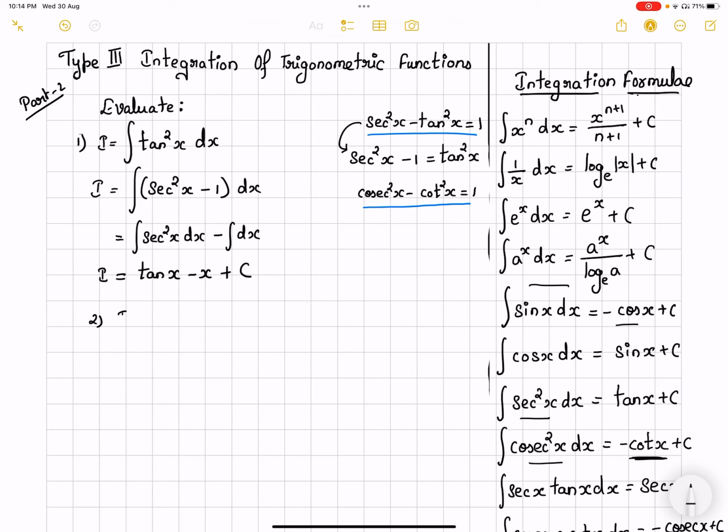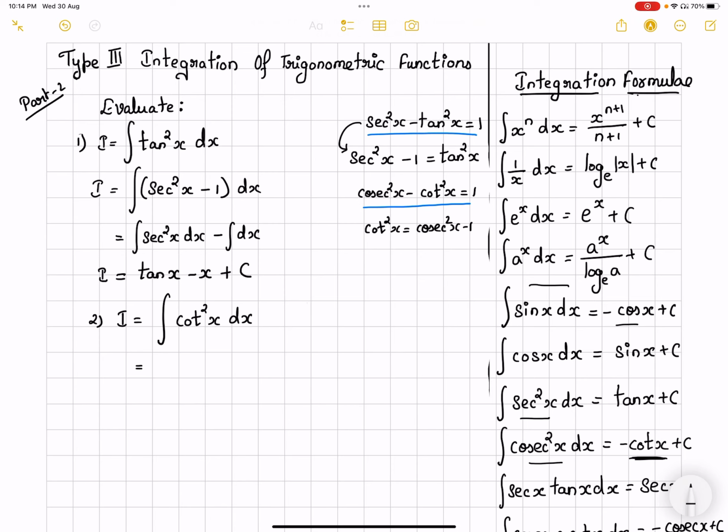Let me consider I is equal to, the question goes something like this, cot square x dx. Now in this case, we have cot square, which is nothing but cot square x is equal to cosecant square x minus 1. So I'm going to replace my cot square in such a way that I can integrate where possible, because I have cosecant square integration.